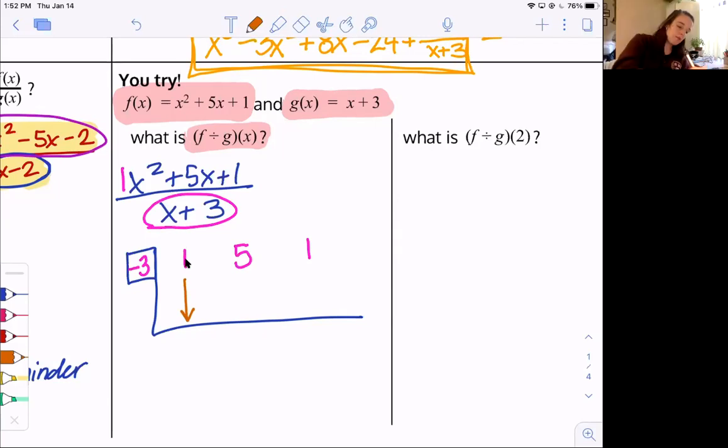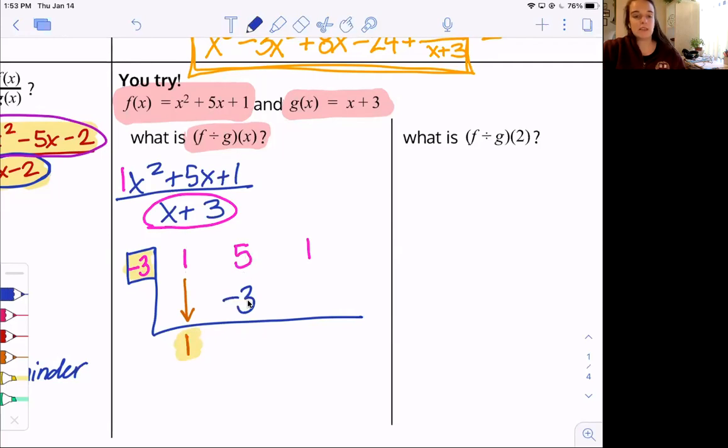All right, so you're going to bring that 1 straight down. What am I going to do with the 1? You multiply it times -3. Yeah, multiply times -3. And I'm going to get -3. 1 times -3. So in this situation, like Gabby asked earlier, since it's negative, that's why we're subtracting.